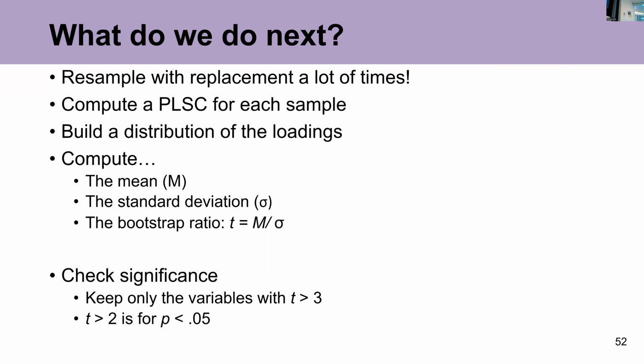So for example, the faces I showed you, it has 3 males and 3 females. If I want to keep that balanced structure, I will just resample within the males and resample within the females to make sure that in my resampled data, I still have 3 males and 3 females. So this is something that you could add to the Bootstrap if you have a structure that you want to keep.